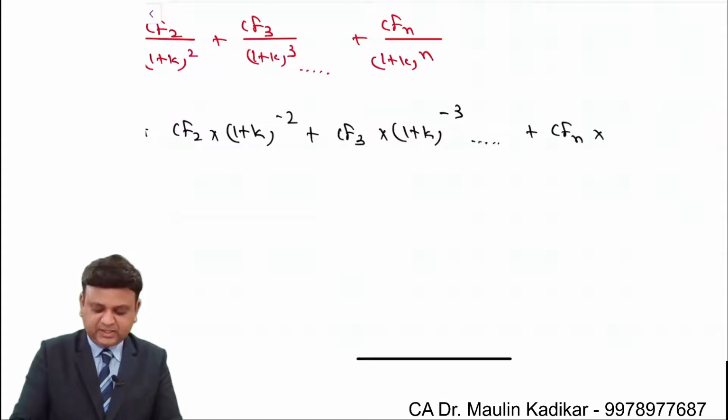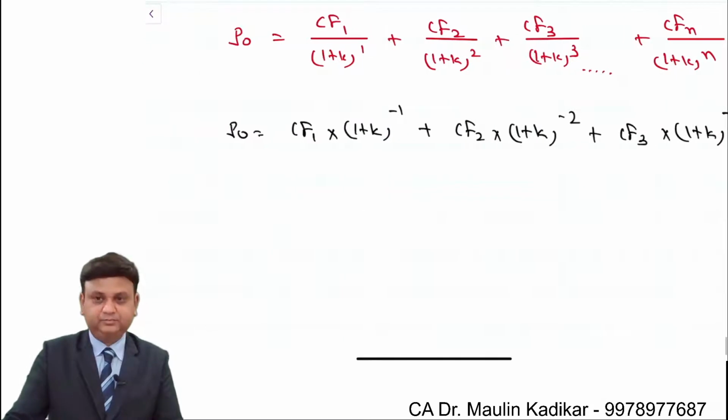So cash flow for the nth year into 1 plus k raised to minus n.